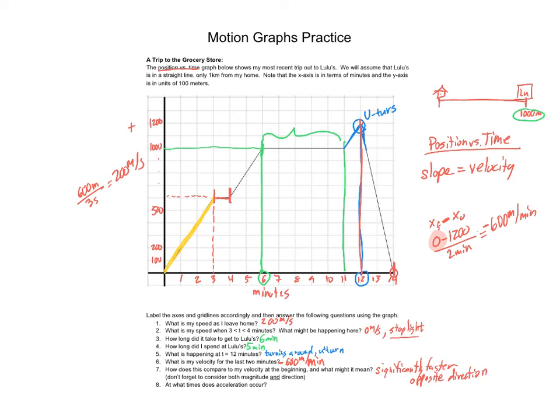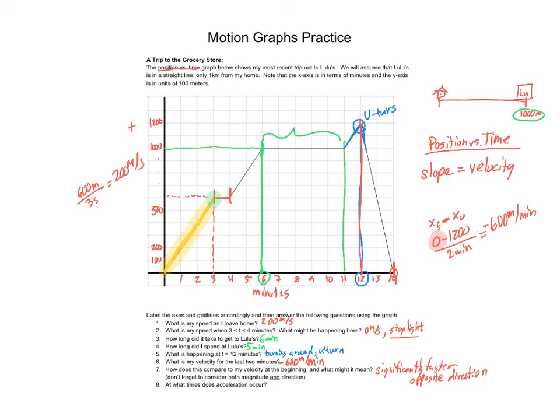And the last thing, at what times does acceleration occur? Well, acceleration occurs anytime that my velocity changes. During a constant slope, that is a constant velocity, so that's not what I'm looking for. I'm looking for this point when the velocity changes.